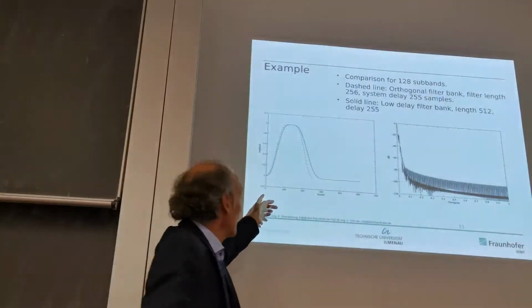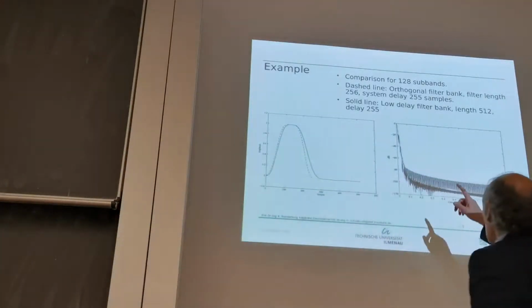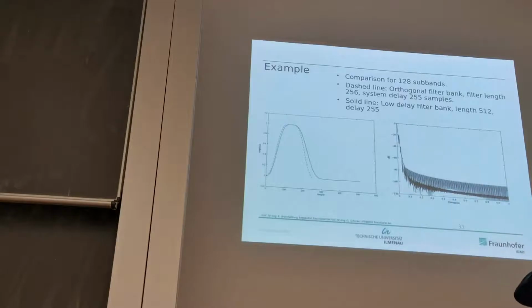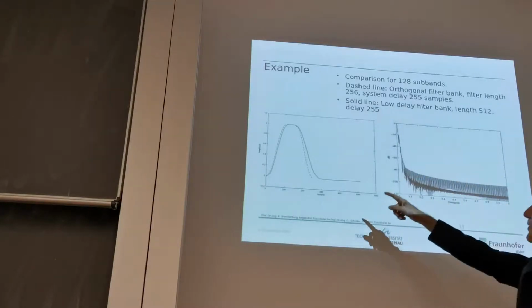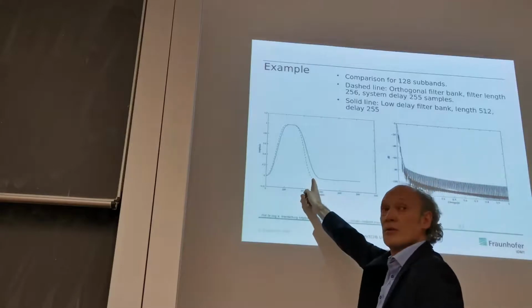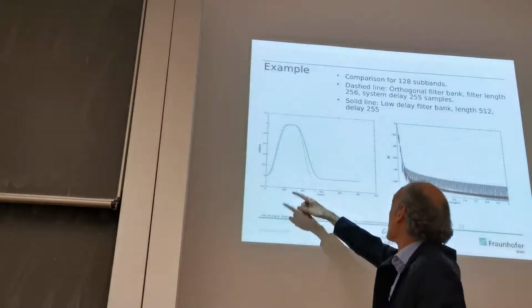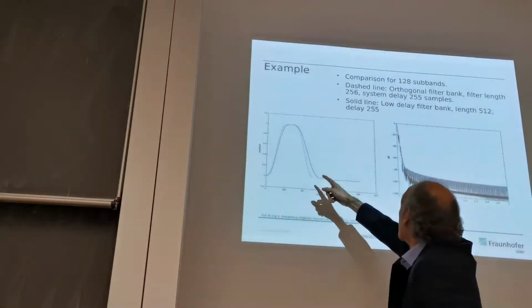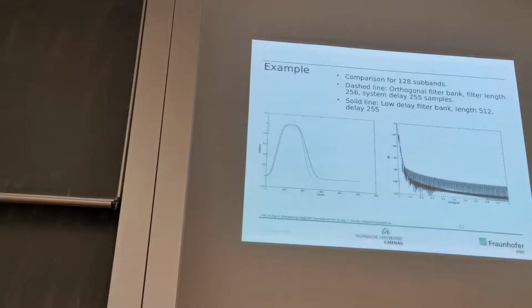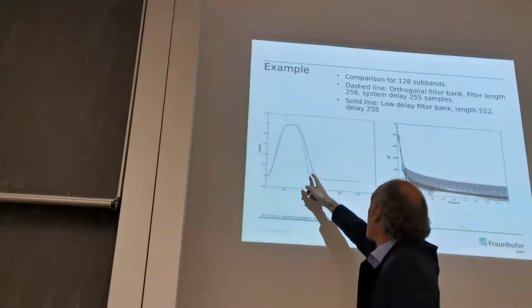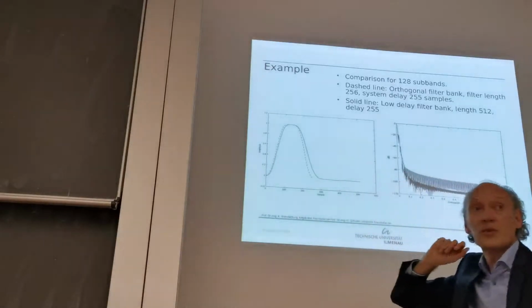So here's a comparison having 128 subbands, and you compare it with an orthogonal filter bank, an MDCT type filter bank, with filter length 256, which is the dashed line here. And then the solid line here is a low delay filter bank with a length of 512 and a delay of 255. So the same as the MDCT type filter bank.